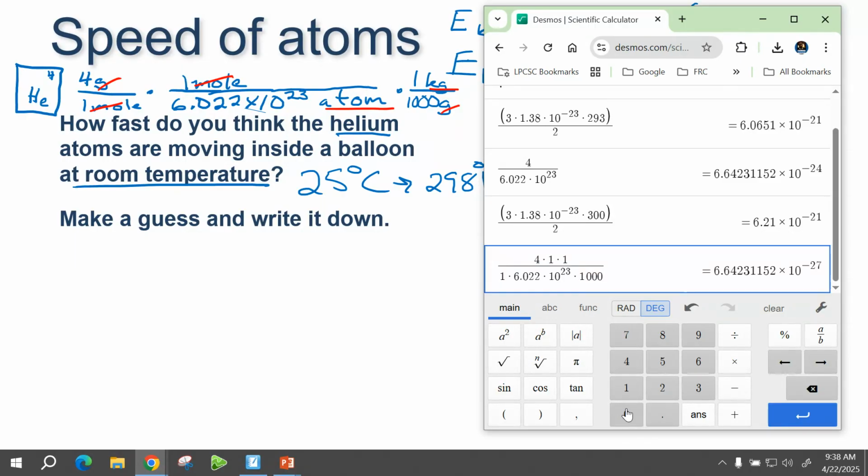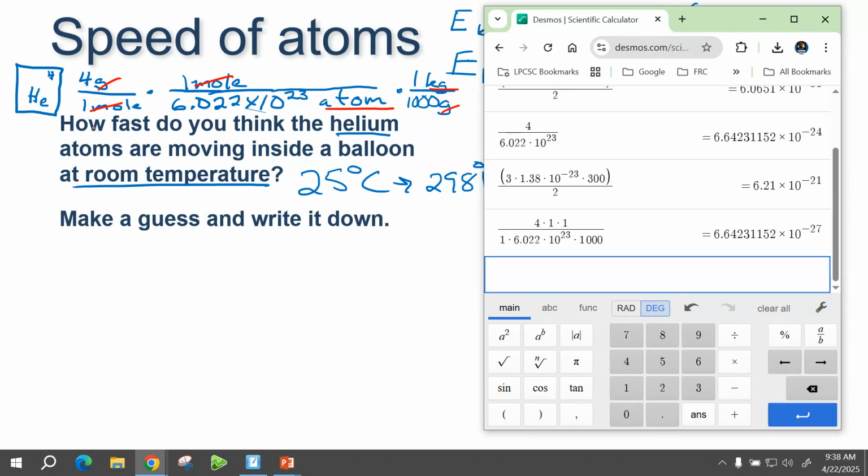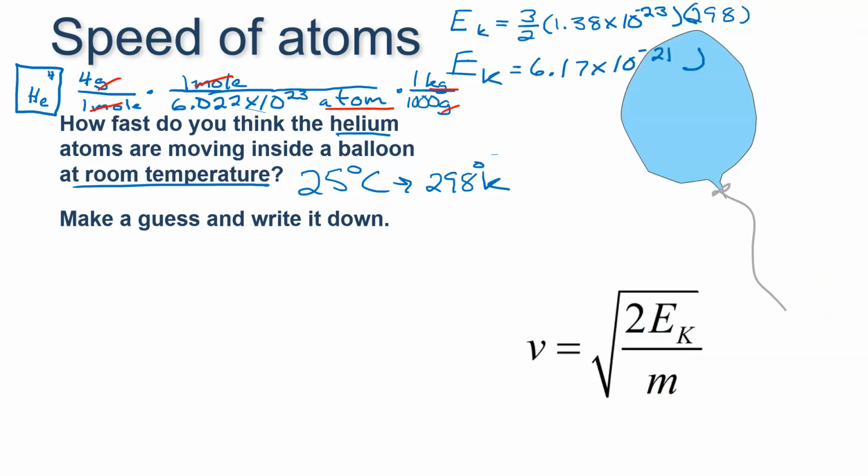And I get about 6.64 times 10 to the negative 27. Whew, that was pretty big. So my mass for 1 atom of helium is 6.64 times 10 to the negative 27 kilograms.